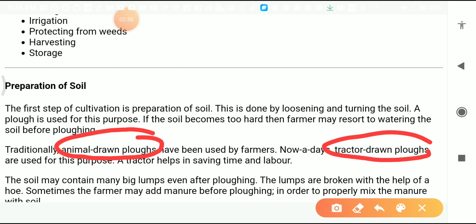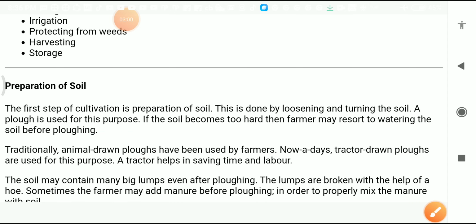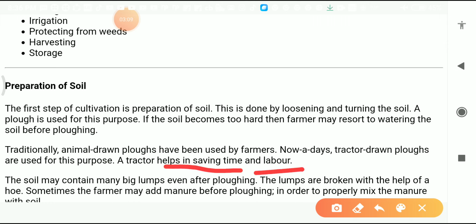It is very useful for the farmer. And you know what the benefit of this is? It saves the time and labor of the farmer. That's why nowadays farmers use tractor drawn plows, but in ancient times people used animal drawn plows.